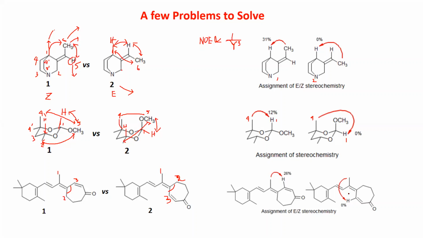So your NOE for that one is almost 0, whereas for compound 1, proton 1 and proton 3 have enhancement of 26%. This is the way you have to identify the proton and apply it to find out the different isomer.